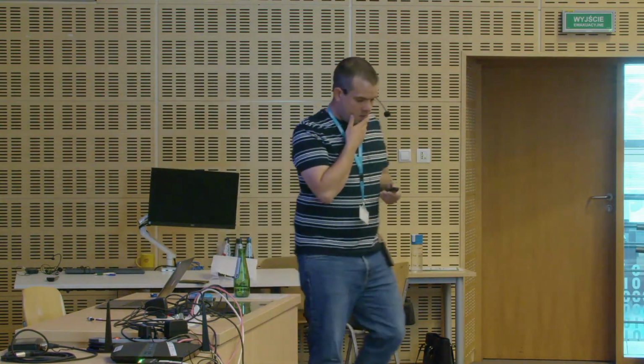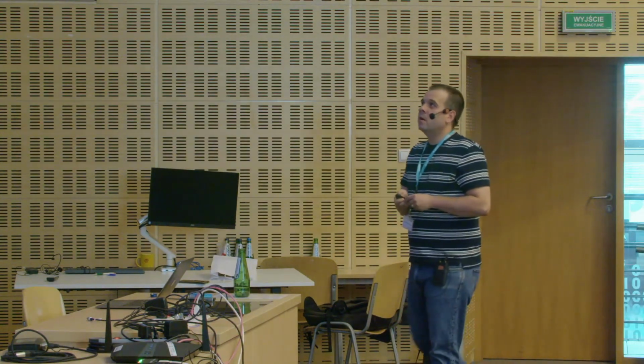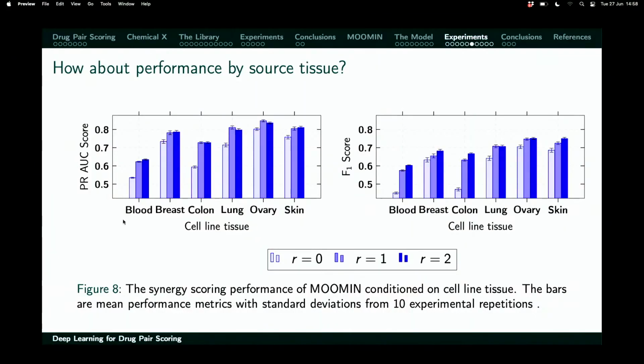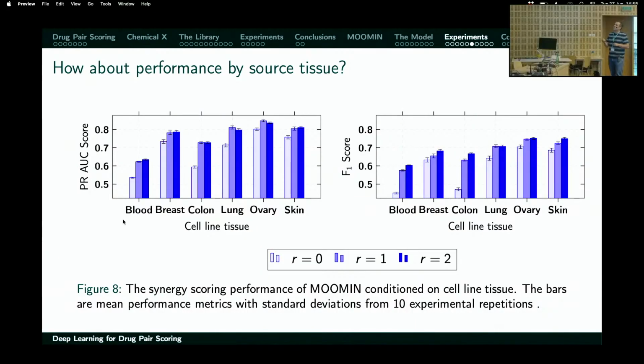Cool. So there was another question that we were interested in, namely how well the model does across various types of cell line tissues. Obviously you have practical use cases in mind, not just a single number. So these are the source tissues that you can have, and we can see that there are radical differences in how the model behaves.